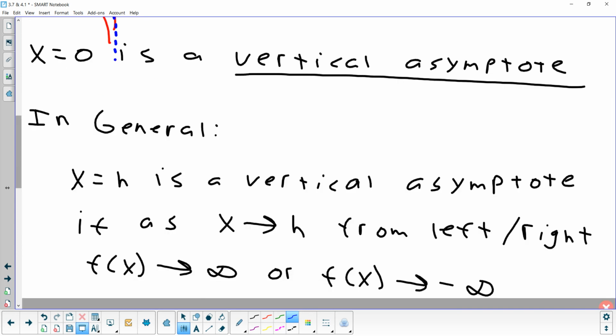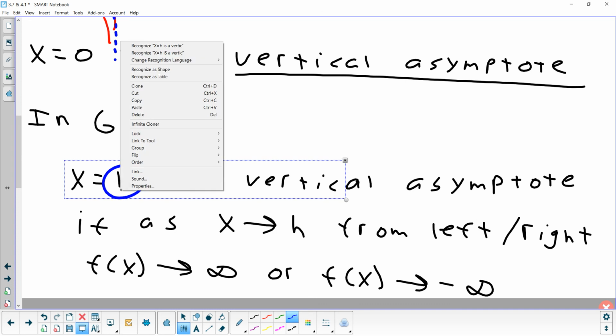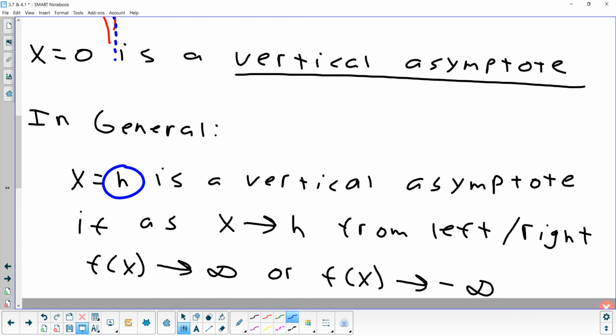So in general, the way you can tell if a certain number is a vertical asymptote is use your graphing calculator, look at the table. Plug in numbers, don't plug in h, because that would cause you to divide by 0. You can't plug in h, but you can plug in a number close to h, approach h. Right? So if h is 5, try 4.99999.